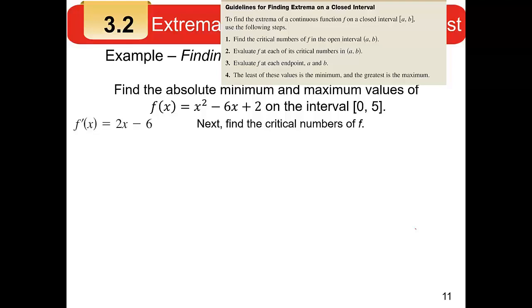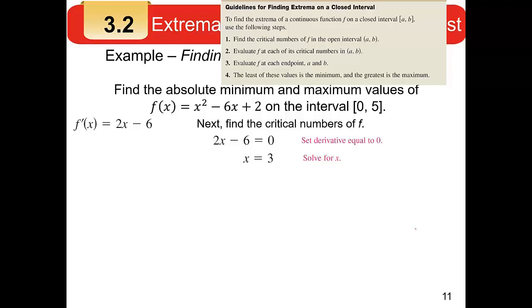And for a polynomial function, there's never any problem with it not being defined. So the only place a critical number will come from for a polynomial function is when the derivative is equal to 0. So if you set that equal to 0, you'll see that 3 is the only critical number. If we were looking just for the relative max or mins, that's really the only thing you have to worry about.